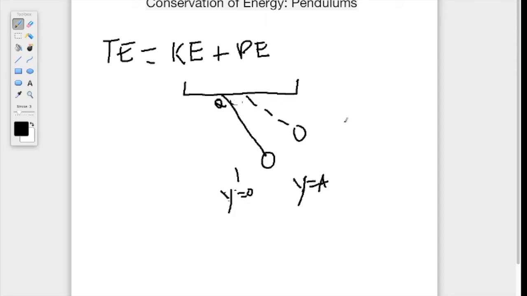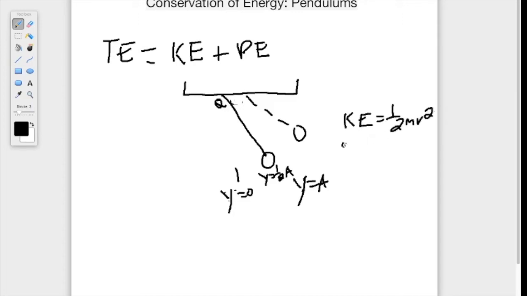So let's say we were to identify the kinetic energy and potential energy at 1/2 A. The kinetic energy would just be 1/2 mv squared, right?